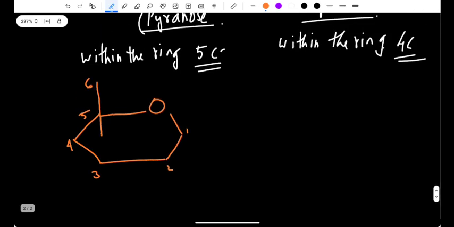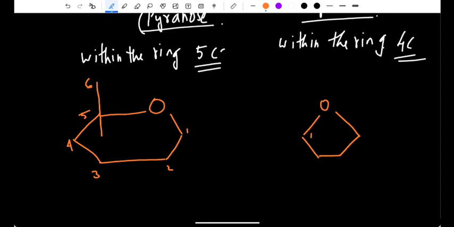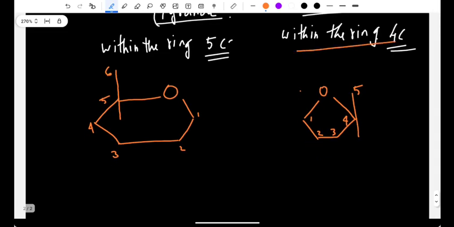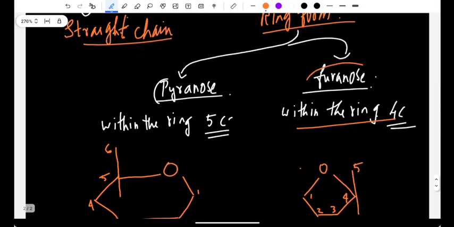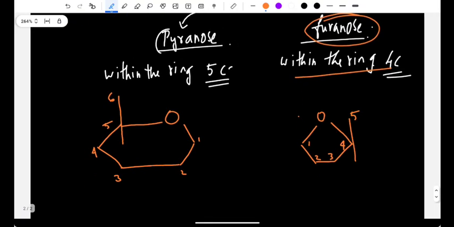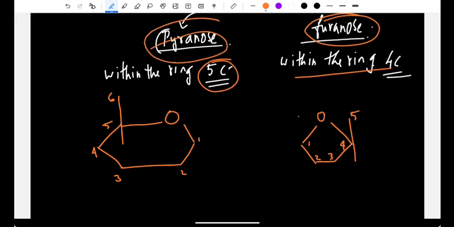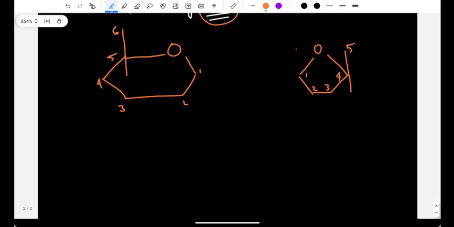And in the case of furanose, 4 carbon will be present inside the ring: 1, 2, 3, 4, and 1 will be outside. So within the ring 4 carbon, then it will be furanose ring. If within this ring 5 carbon is present, then pyranose ring.